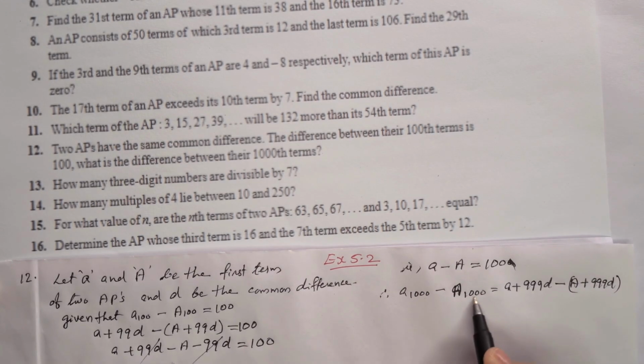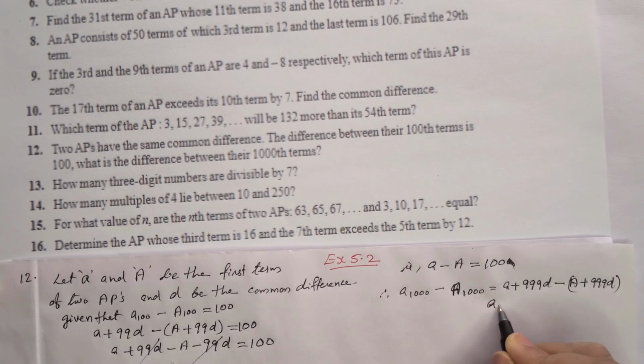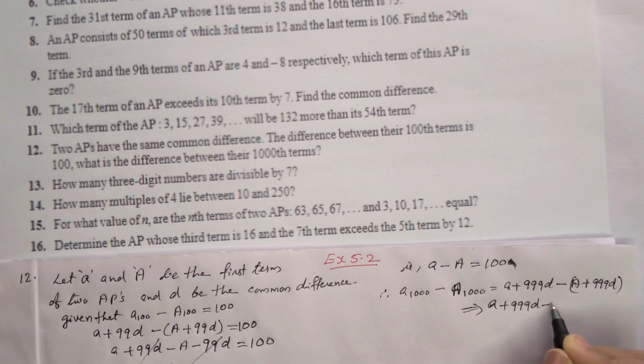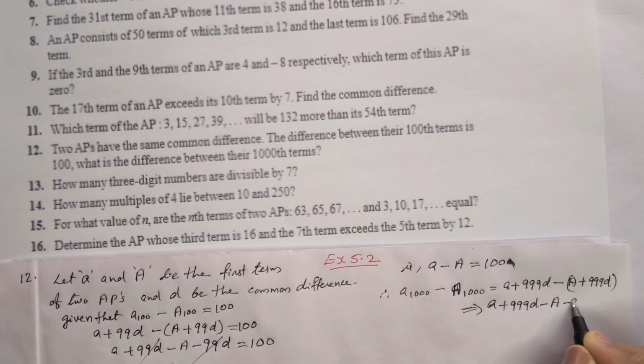When we are opening this bracket, a plus 999d minus capital A minus 999d.